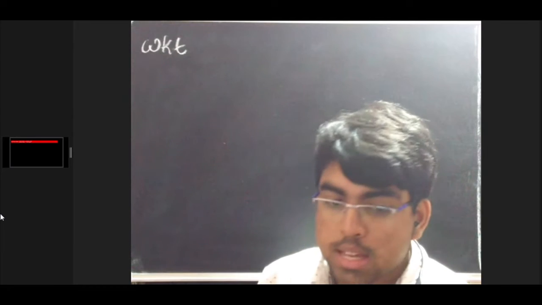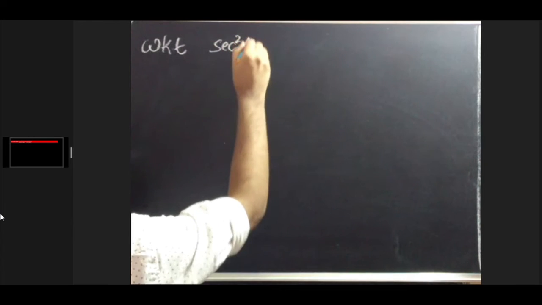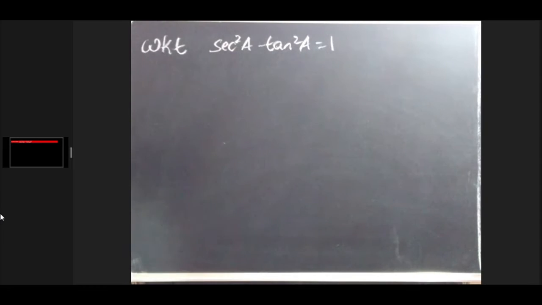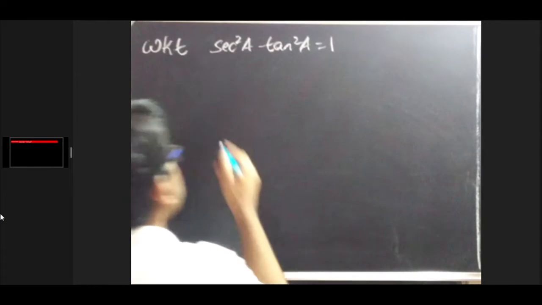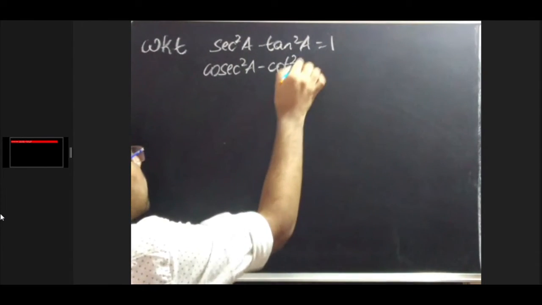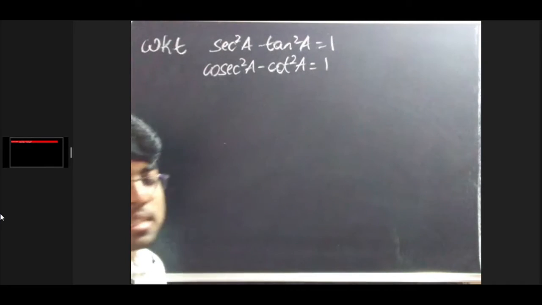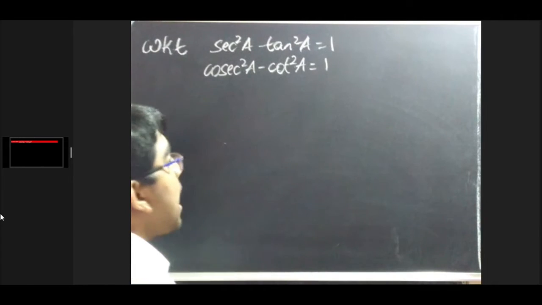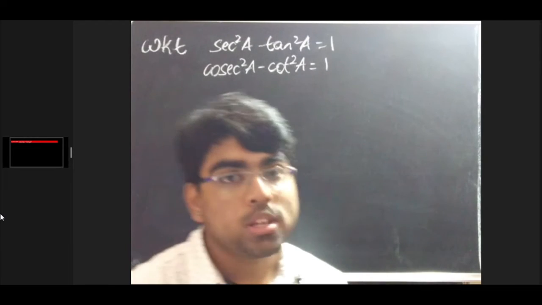So here we have to write a few standard results. We know that secant square A minus tan square A equals 1. And then we know that cosecant square A minus cot square A is also equal to 1. Since their RHS are equal, we can equate both the LHS as per our rules of linear equations.